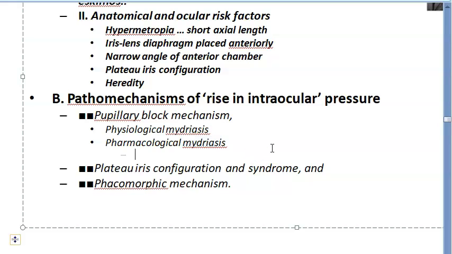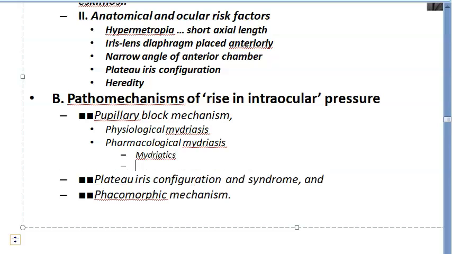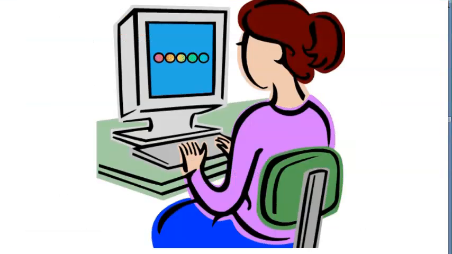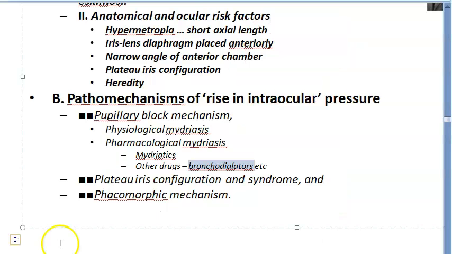Lot of drugs can cause this issue. So mydriatics can cause this issue and other drugs also like bronchodilators, etc. Okay. So that kind of makes sense. Dilator, bronchodilator. So dilate pupil, something like that. Okay, then you can remember like that.